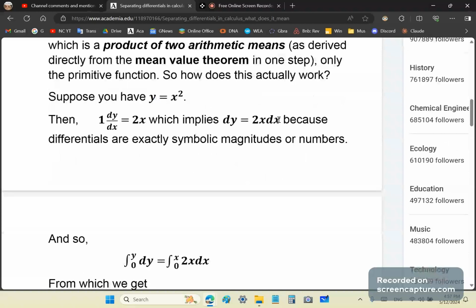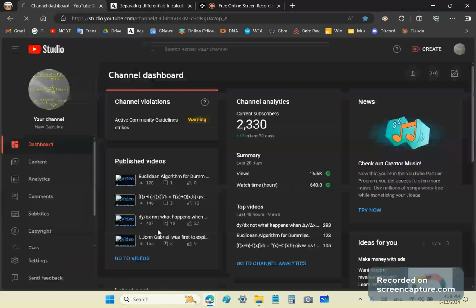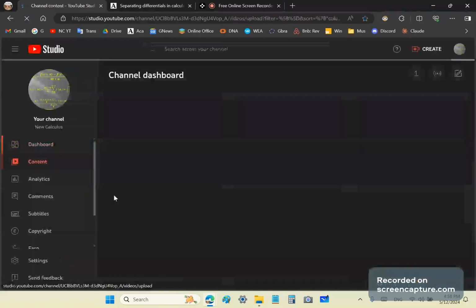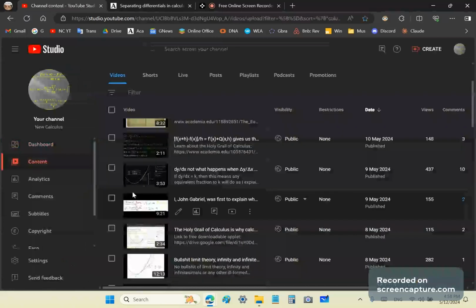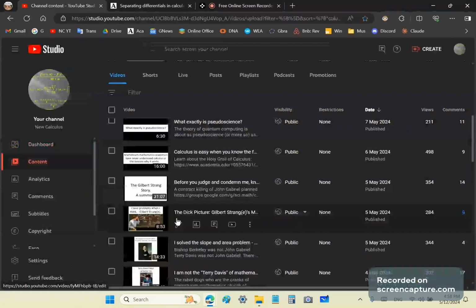And this is a perfectly normal algebraic equation where you can separate the differentials because they're exactly numbers or magnitudes, okay? And as I've shown you in my previous videos, where I've revealed what an utter moron Gilbert Strang is from MIT, just go back and look at these videos, for example, the dick picture with Gilbert Strang.